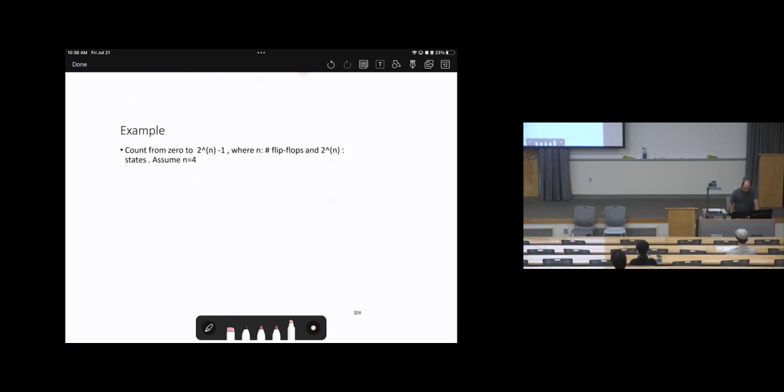Okay, let's assume this example. In order to count from 0 to 2 power n minus 1, the number of flip-flops will be n. What do I mean by this? When you count, n is the number of flip-flops.